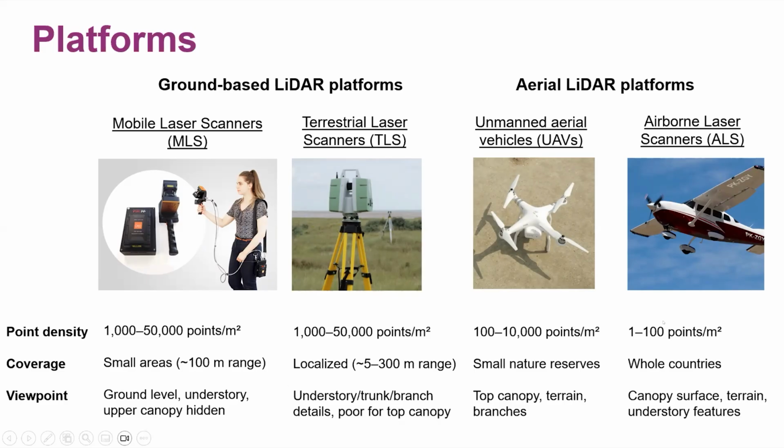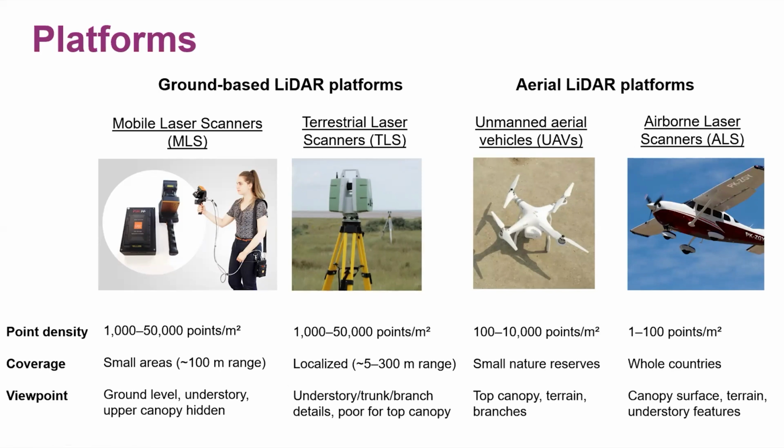In the case of airborne laser scanning, typically this is 10 to 20 points per square meter. If you have a ground-based platform, you typically only cover small areas or localized plots, and you typically measure from the ground upwards. So that means the ground level in the understory is very well covered, but usually the top canopy, for instance, of trees is poorly represented.